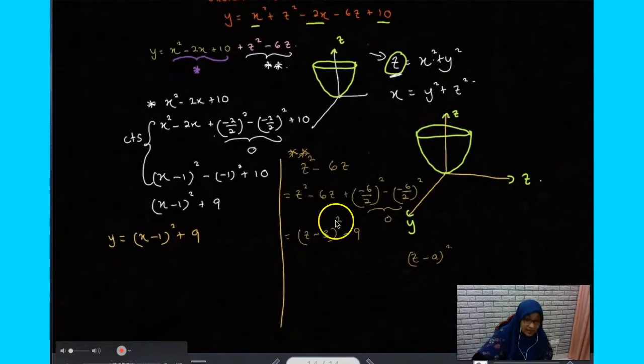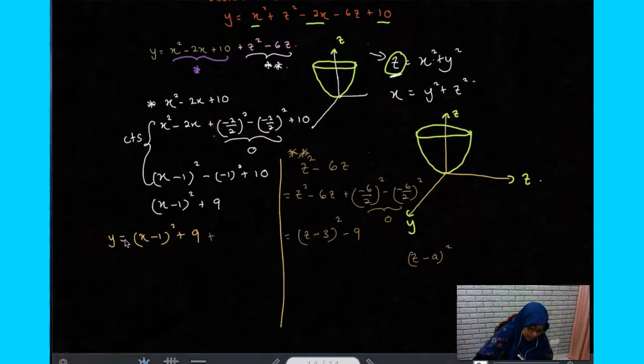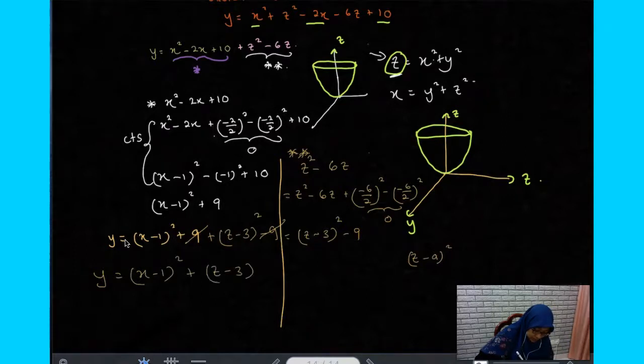So then you add this into your y. So plus z minus 3 squared minus 9. So 9 minus 9 cancel out. So now your new y is x minus 1 squared plus z minus 3 squared.